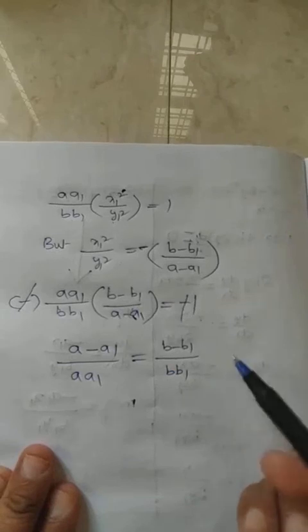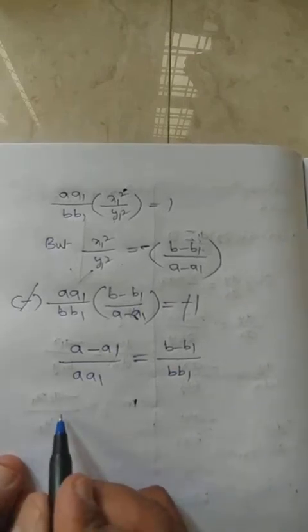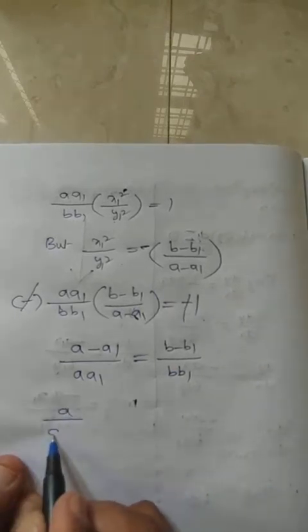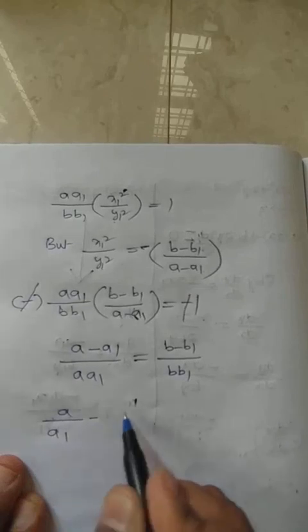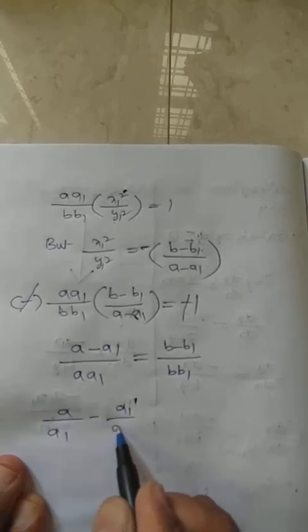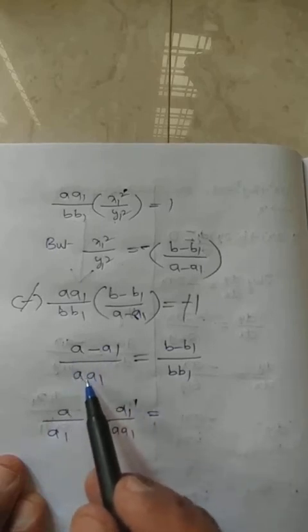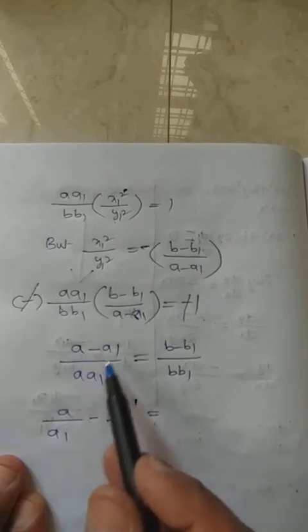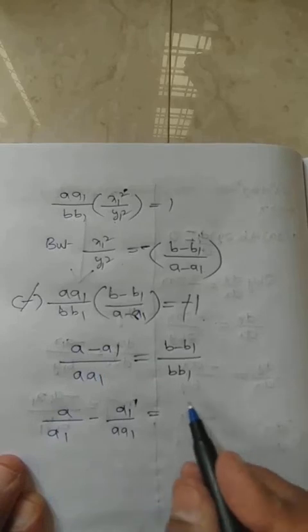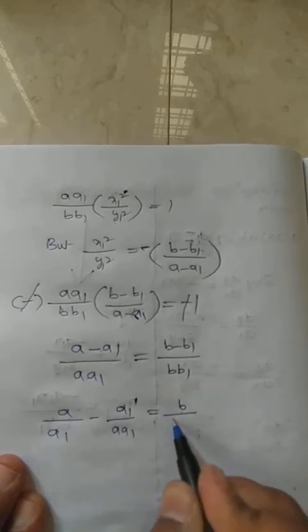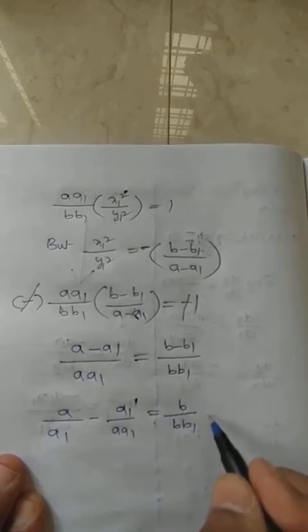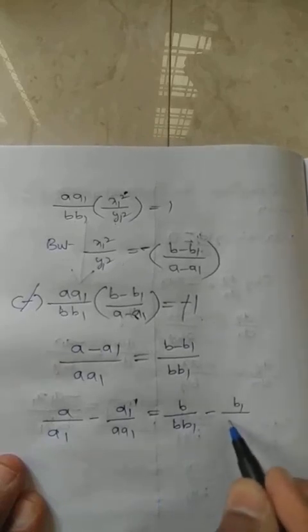So (a by a1) minus (a1 by a1); I am splitting this term, giving this denominator to this term and this term also. Similarly here also, (b by b1) minus (b1 by b1).